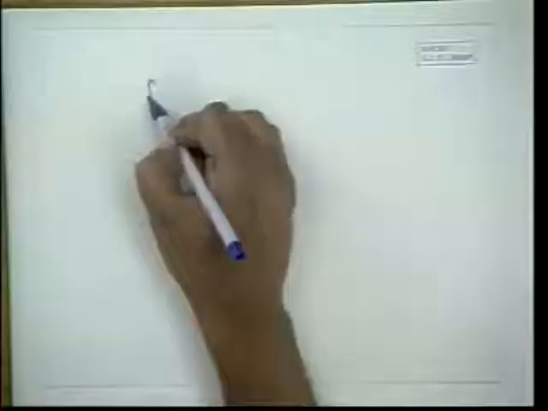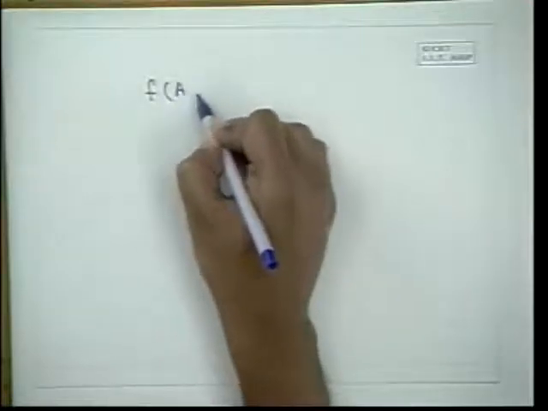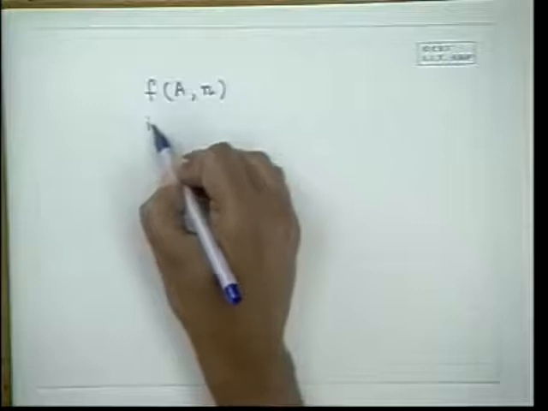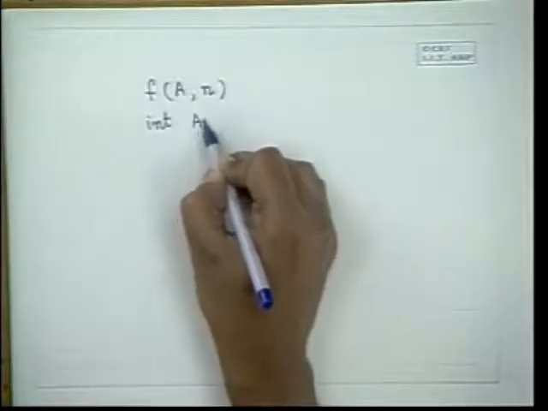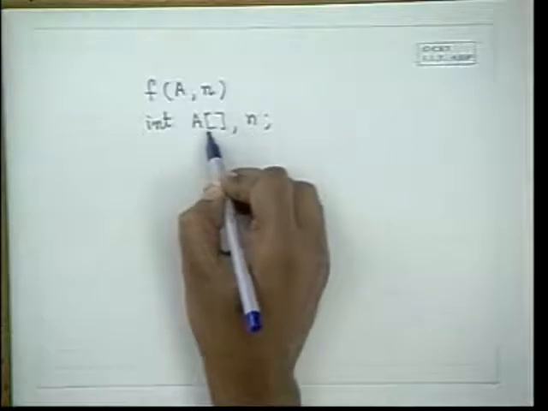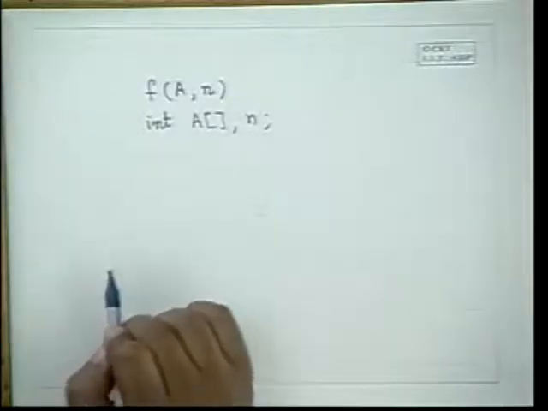There are other declarations of addresses or pointers which we shall see later when we see dynamic allocation, except in arrays where you don't have to give the array dimension. For example, in a function f, where a is an array and n is an integer, we used to declare int a[]. You don't have to give the dimension because you don't have to allocate elements.